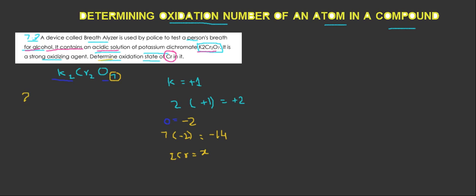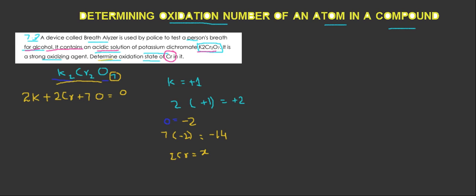You write 2 multiplied by potassium plus 2 multiplied by chromium, because we have 2 atoms of chromium, plus 7 multiplied by oxygen. Since potassium dichromate is neutral, the overall charge will be equal to 0.